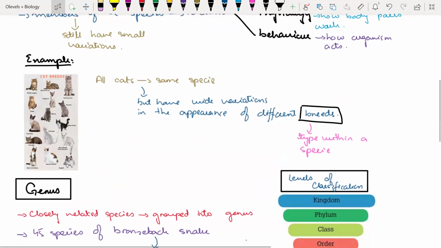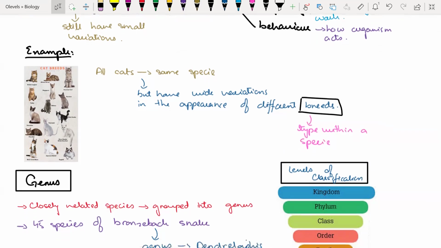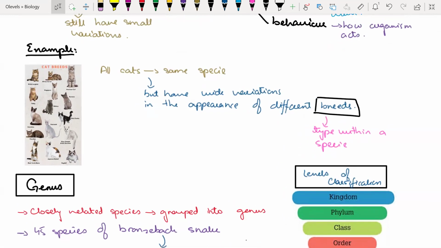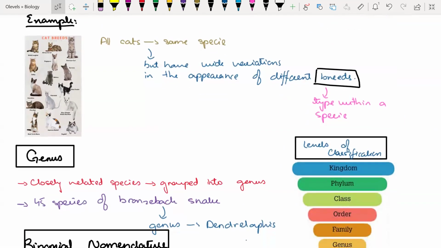So we can say they are of different breeds, but a breed is a subtype of a species. You can have different breeds of cats, and different breeds of dogs, and in animals generally. Those breeds can interbreed among themselves as well, but different species can't interbreed.